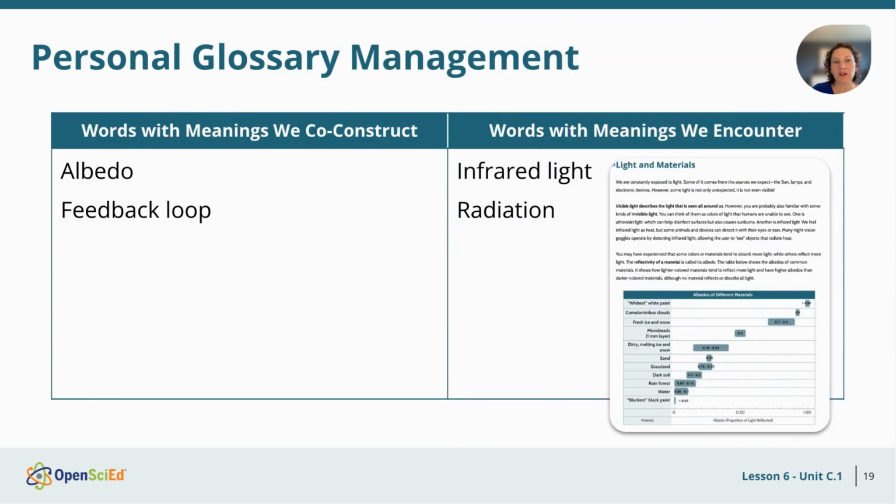In the lights and materials reading in part 5, we encounter those glossary words that I was talking about: infrared light, radiation, and albedo. We also introduce feedback loops as we update the energy transfer models in part 9. And in part 10, we'll update our personal glossaries and our progress tracker.